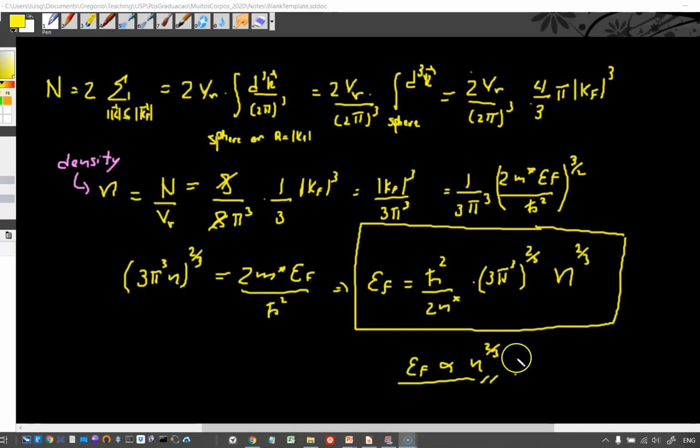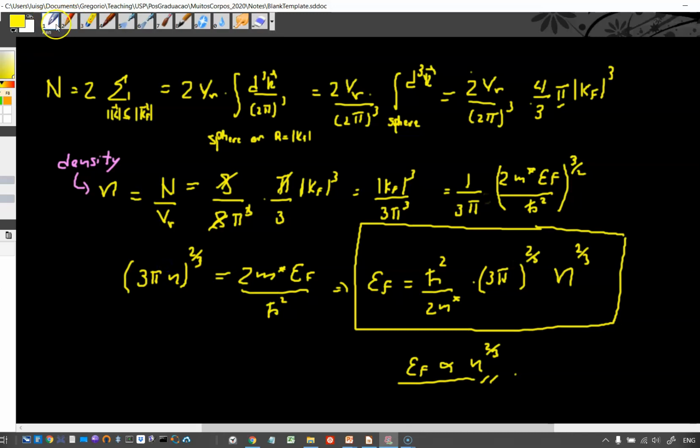Oh, just one other point here: I think I'm missing this factor of pi here. There should be a pi here, right? Then the actual power of pi here should be 2. Here 2 and here 2.